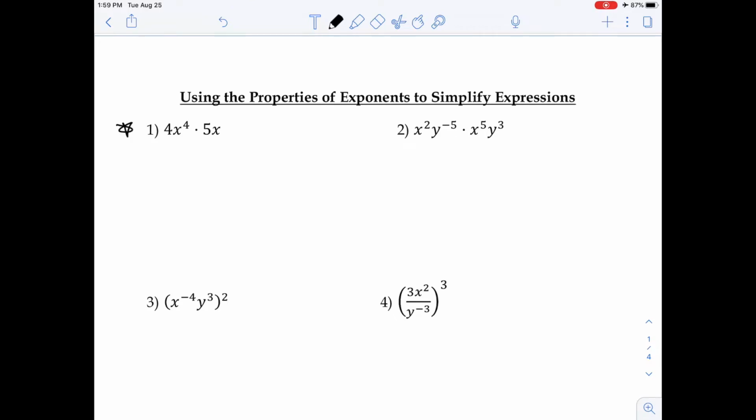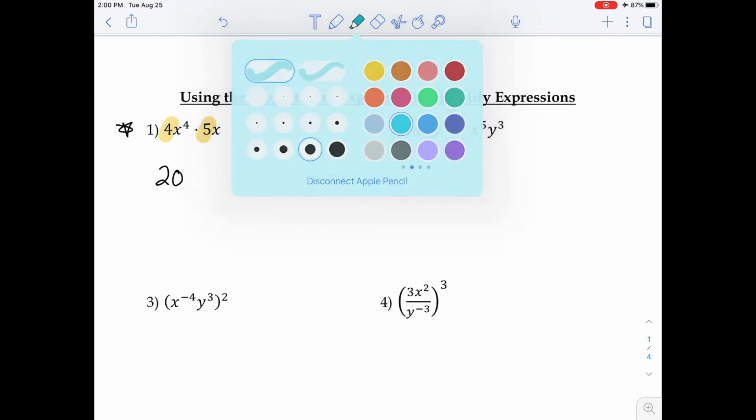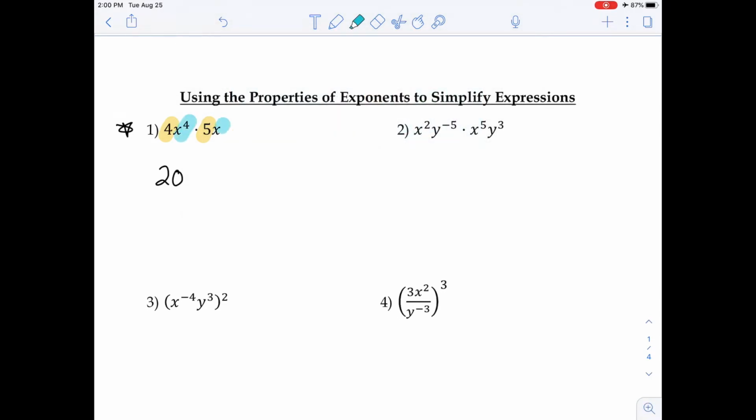So you can see that we are multiplying 4x to the 4th times 5x. So what we're going to do is first go ahead and multiply the two numbers. So that would be 20. And then using the product rule, we're going to multiply x to the 4th times x to the 1st.